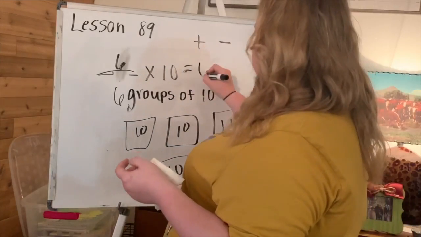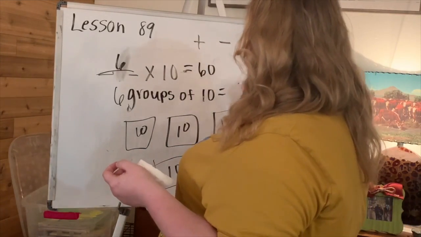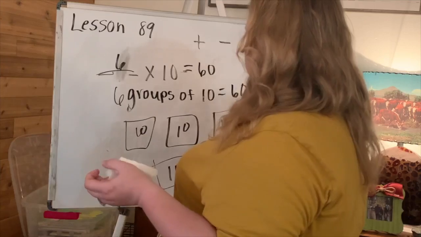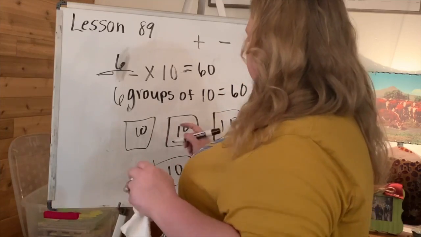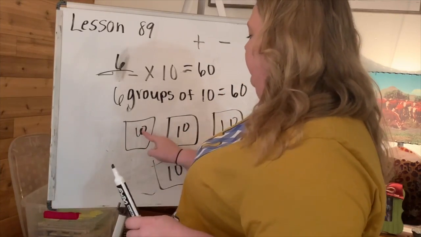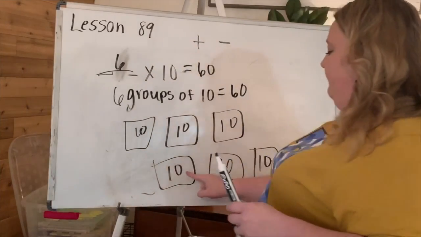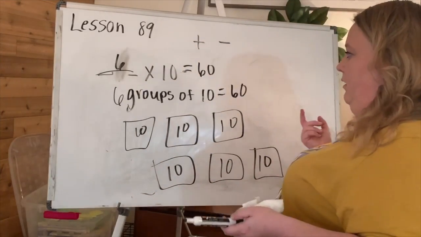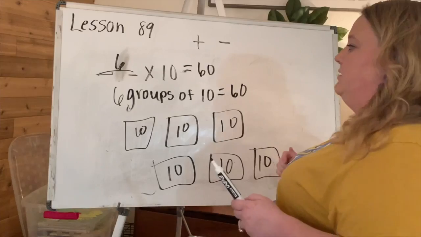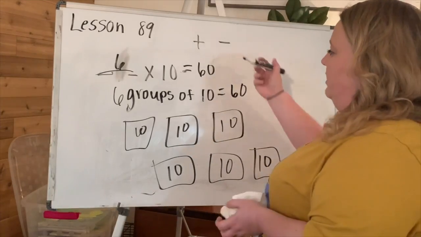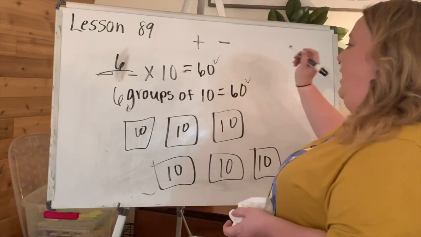Well, let's try it. 6, add a 0. We could also count by tens. Ready? 10, 20, 30, 40, 50, 60. Is that my answer? Yes, that is. So my trick is working.